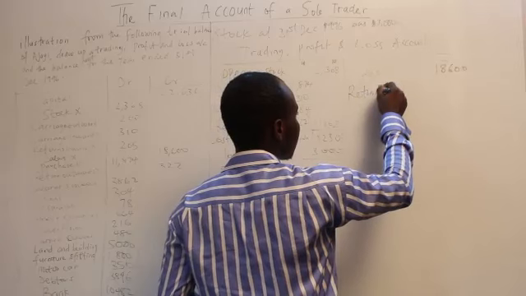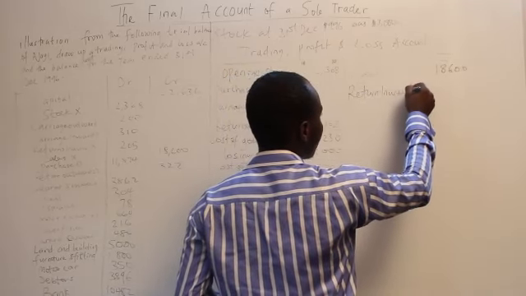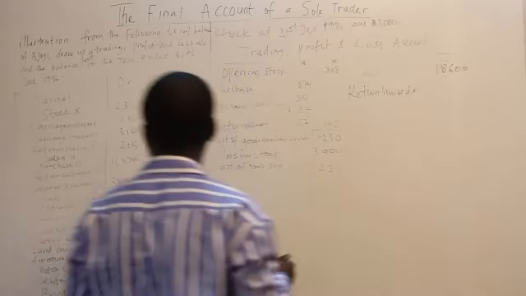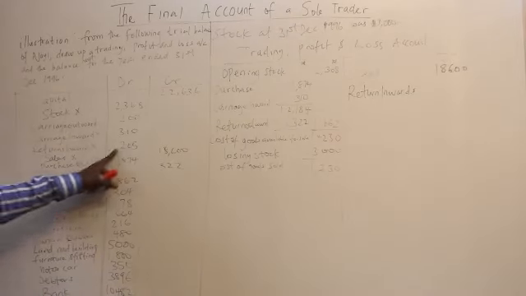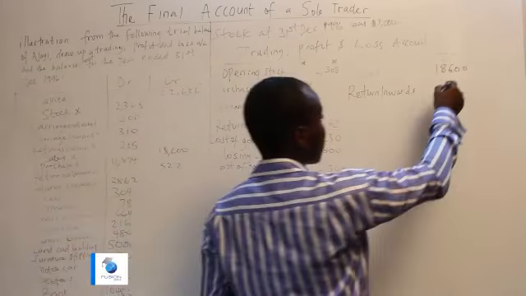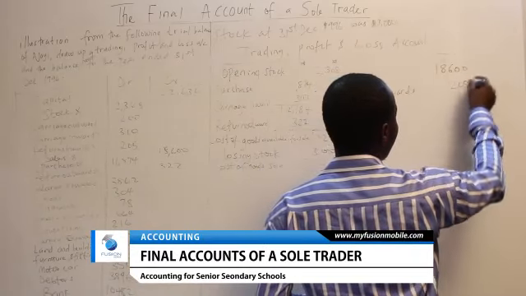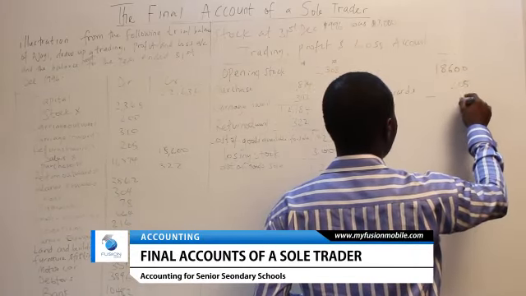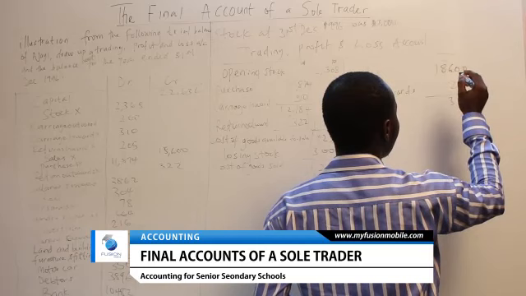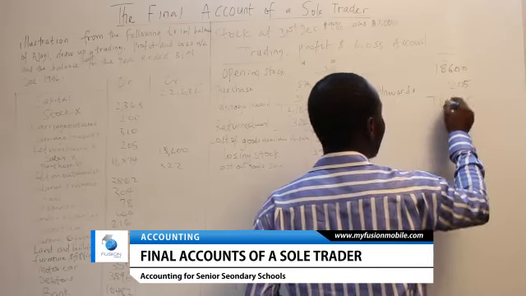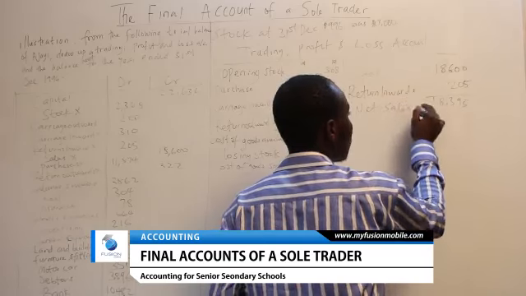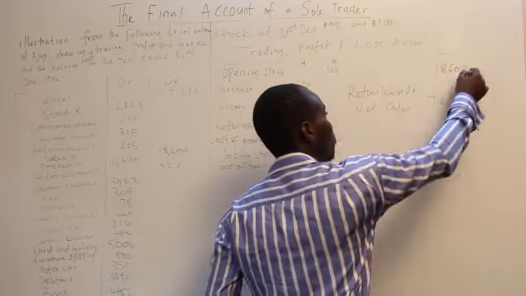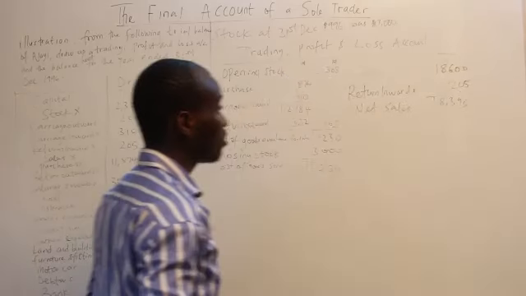We have to less that, the cost of goods returned by the customer to the business. So return inwards, we have 205. We have to less that, and that gives us 59381. That becomes our net sales. You can put brackets, as they serve as deduction.